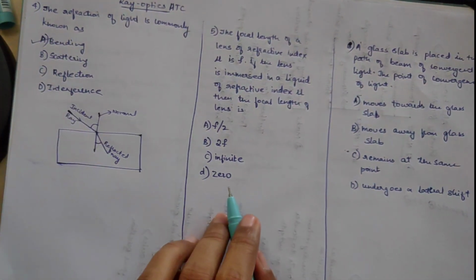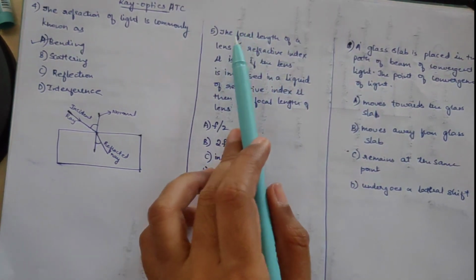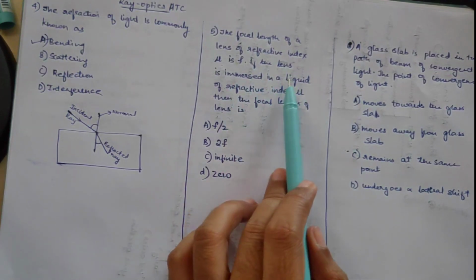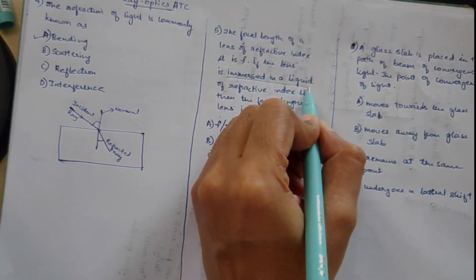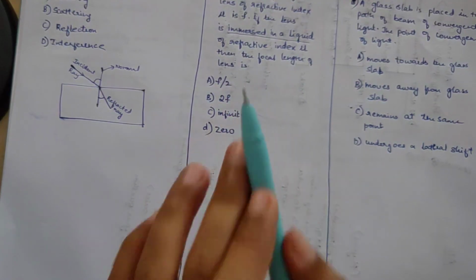Coming to your next question, we have the focal length of the lens of refractive index mu is f. If the lens is immersed in a liquid of a refractive index mu, then the focal length of the lens is.